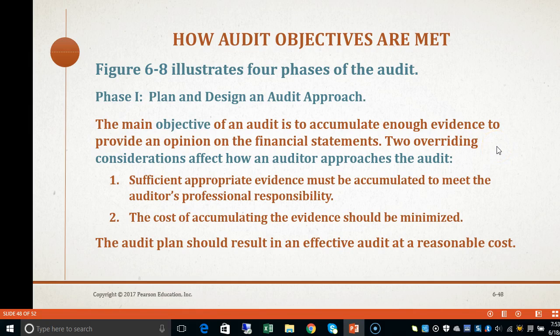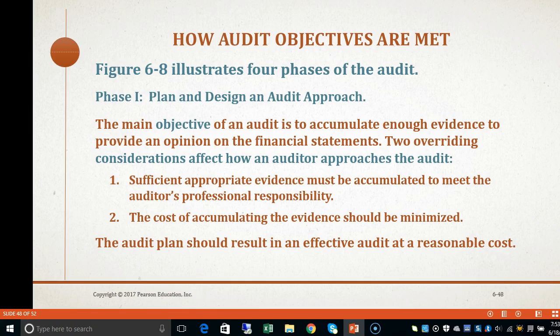If the auditor finds that that type of evidence is not readily available, it will require that the audit go further into testing. It will require more tests.